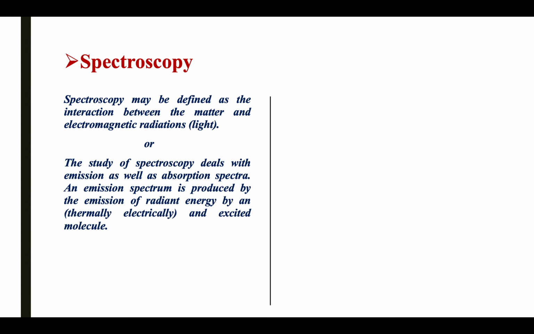There is another definition. It says that the study of spectroscopy deals with emission as well as absorption spectra. An emission spectrum is produced by the emission of radiant energy by thermally or electrically excited molecules. So the emission spectrum is produced due to the emission of radiation.